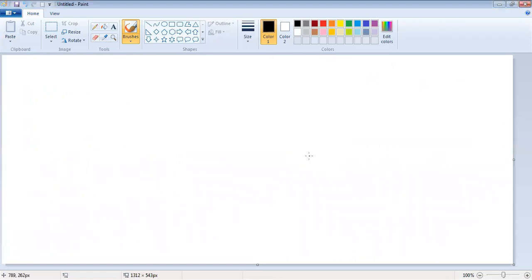Now what is your curve? Given curve is 1 by 2 integral x dy minus y dx. What is your formula?